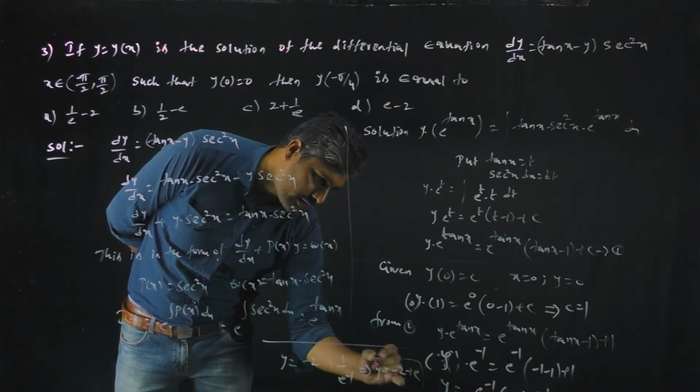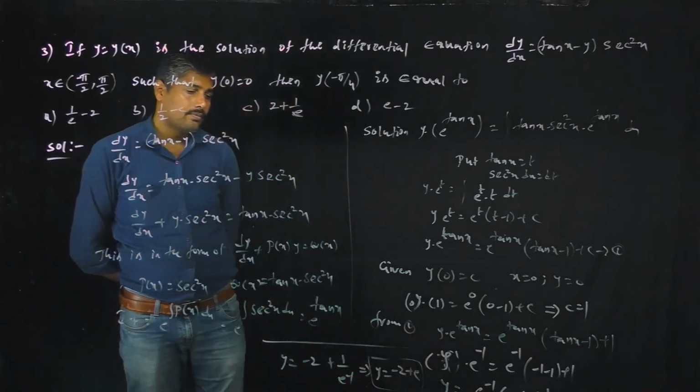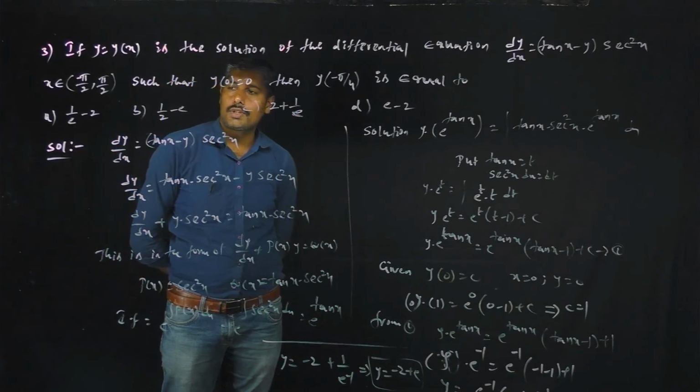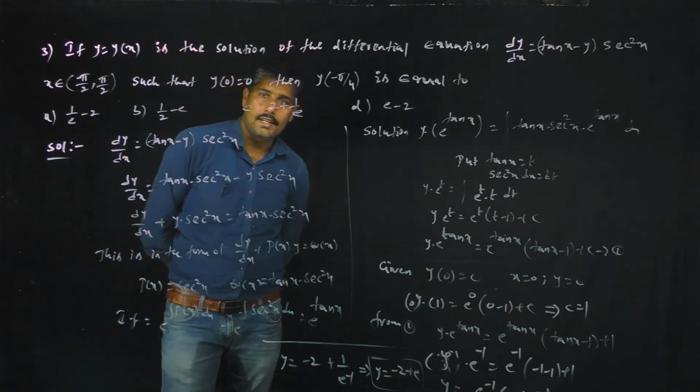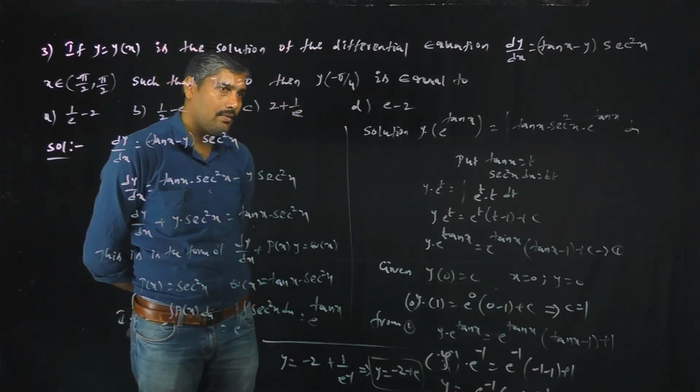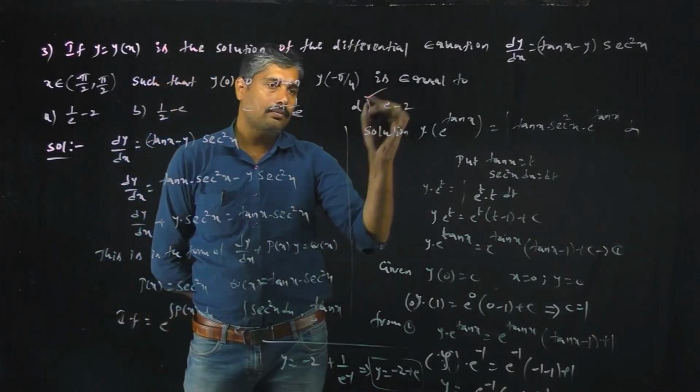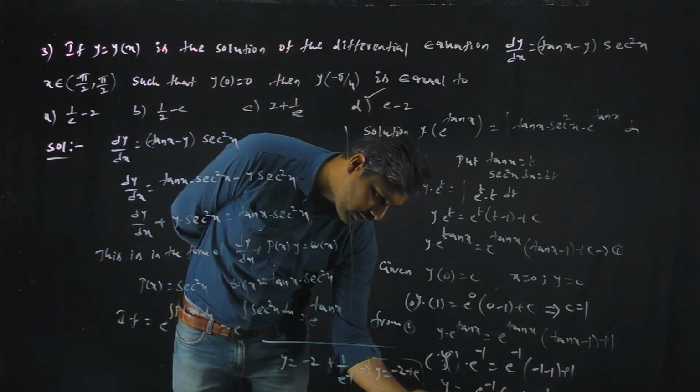That is the given solution, right? Therefore option D, minus 2 plus e.